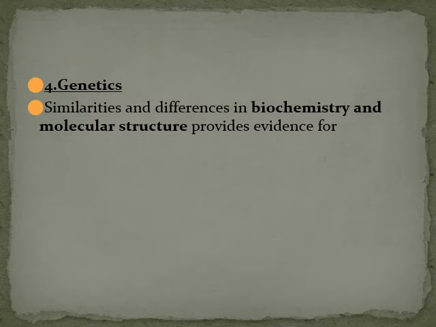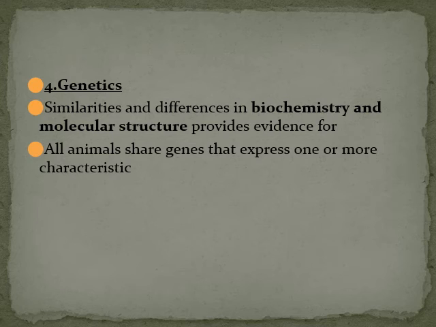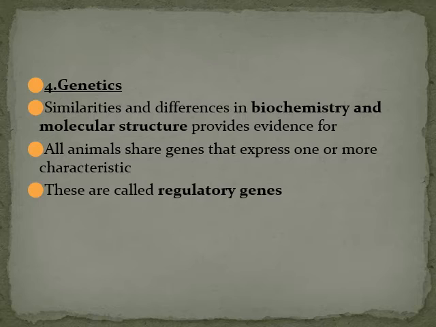We have a lot of similarities, but also differences in our biochemistry and our molecular structure. These similarities and differences provide us evidence for all the animals that share genes and express one or more of those characteristics. These particular genes that I'm referring to are called regulatory genes.